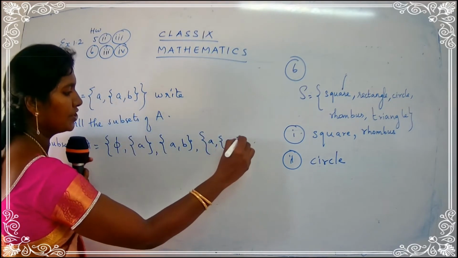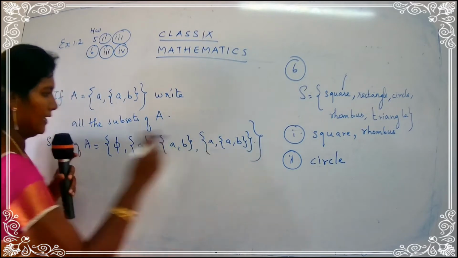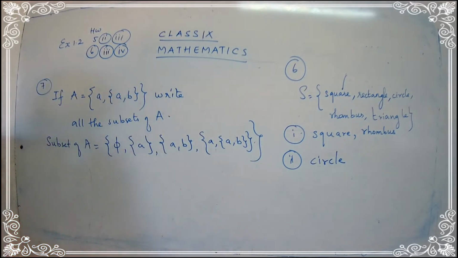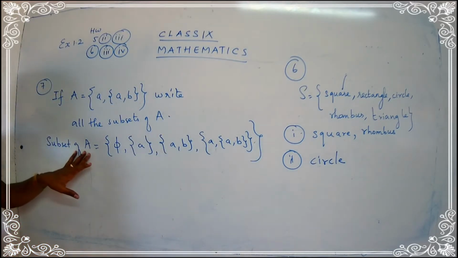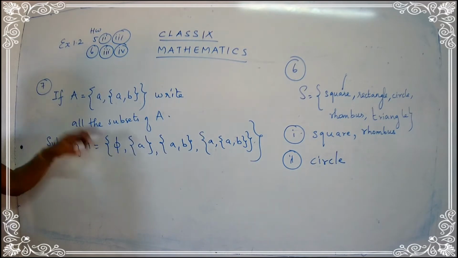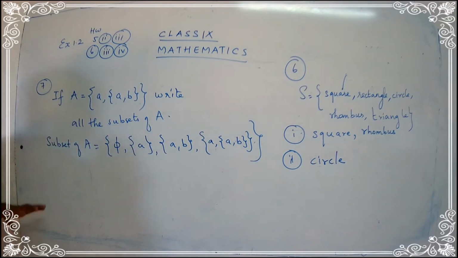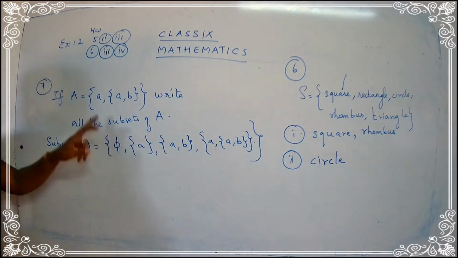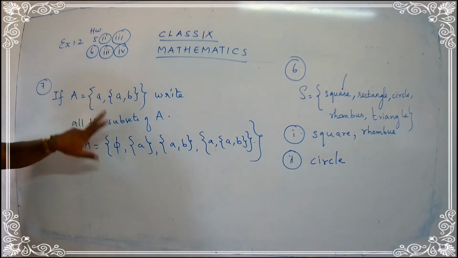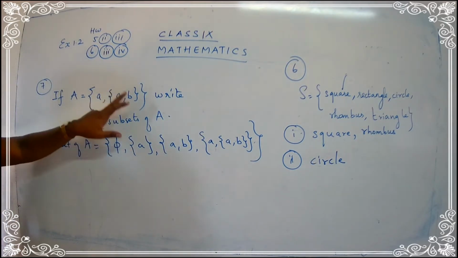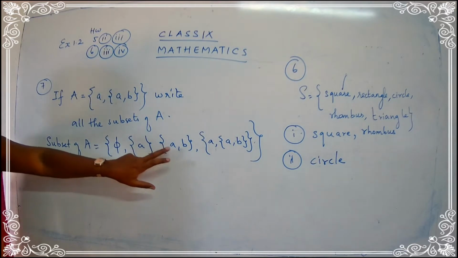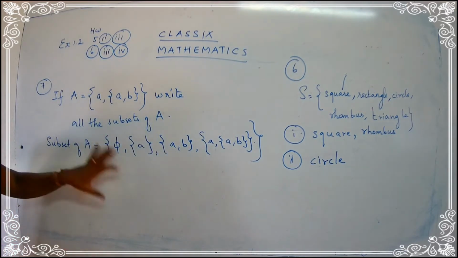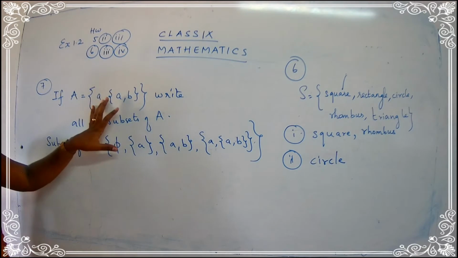The whole question again, you have to write the question again. Clear? So subset of A. How did we start? First empty. Every time you write a subset, the first set is an empty set. Now we have two members, children. So write the A separately. Write the second element separately, that is AB. Now you have to write the whole together. It is A, AB.